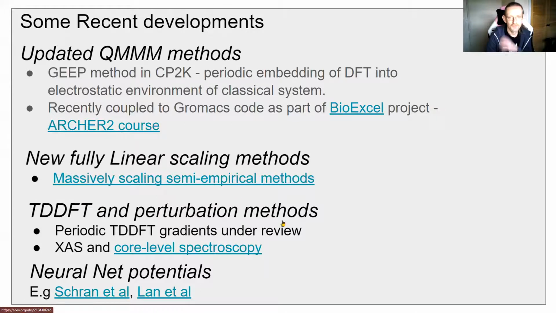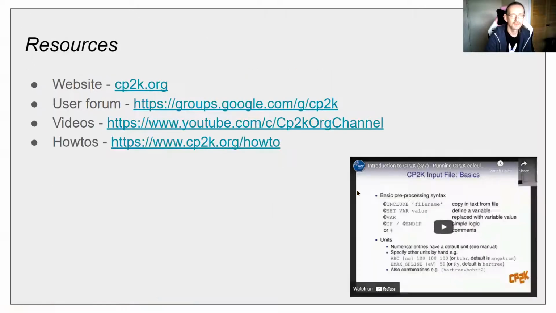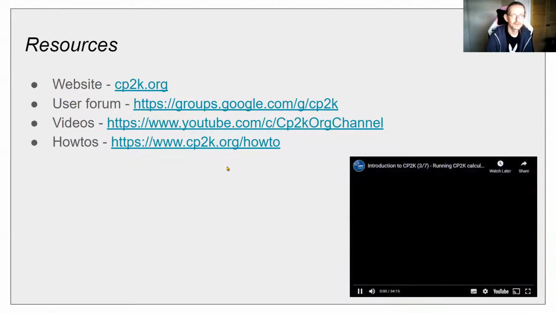There's time-dependent DFT, perturbation methods. There are various neural net potential implementations and couplings. There are lots of resources up on the website, including videos, a couple I've hinted at, other examples of how to use CP2K.